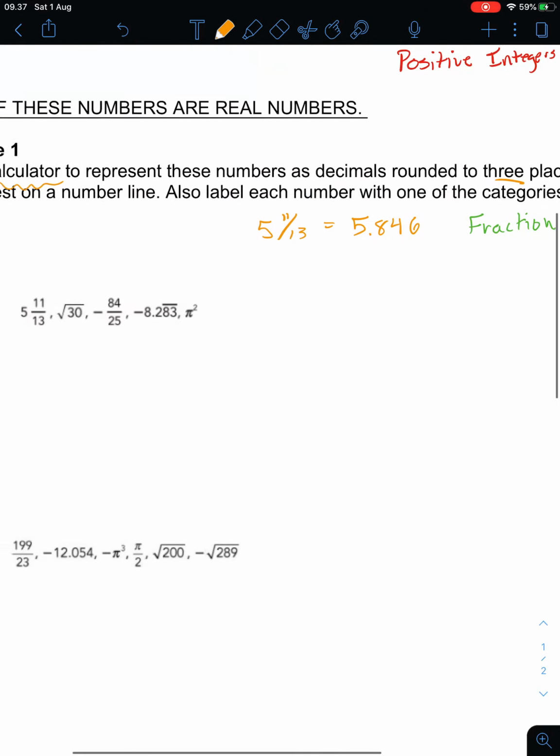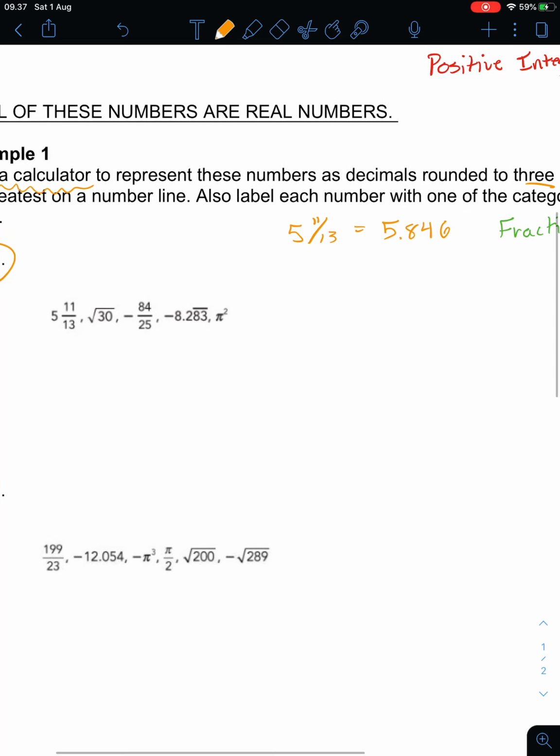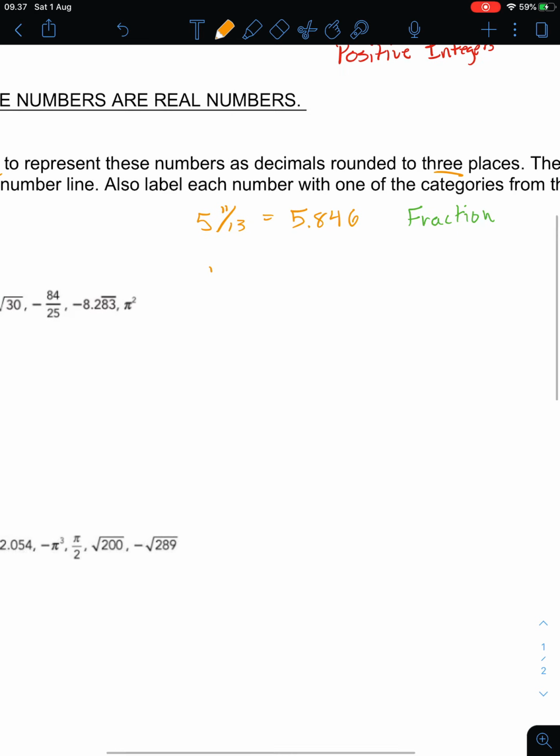All right. We've got square root of 30. The square root of 30 on my calculator is 5.477.